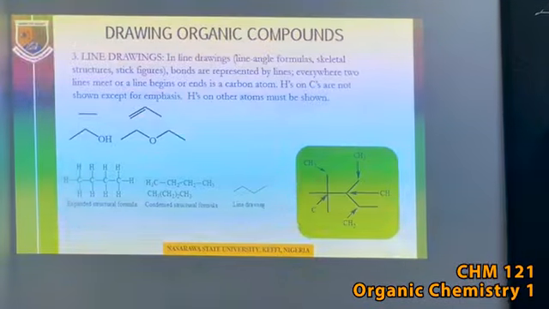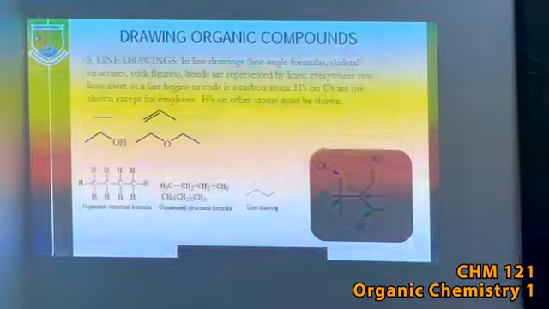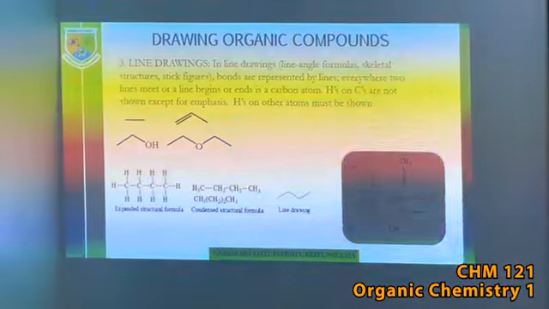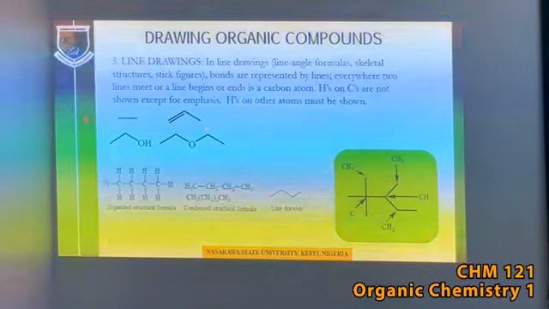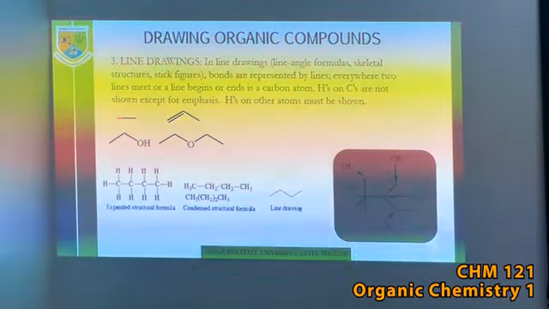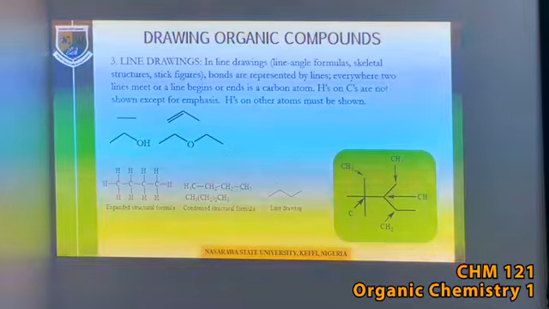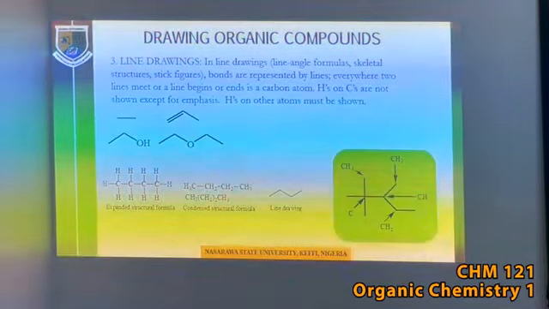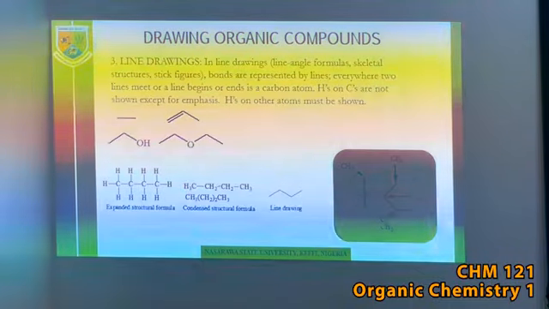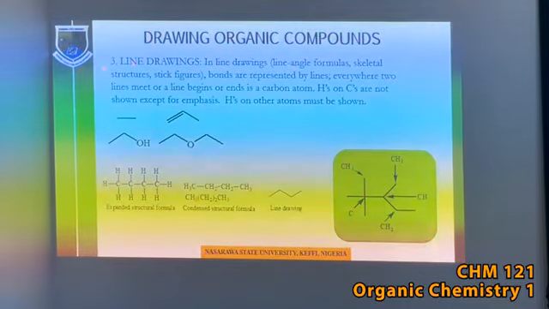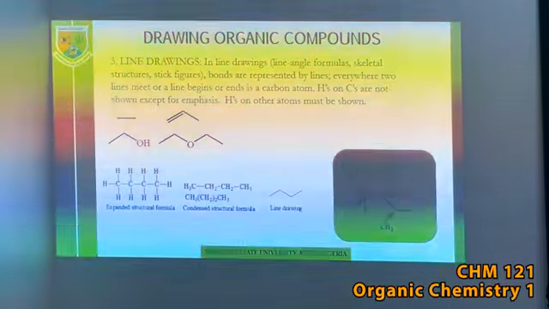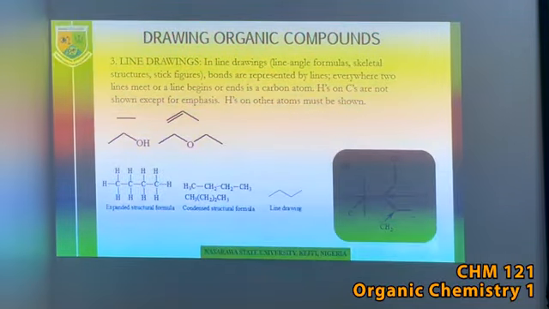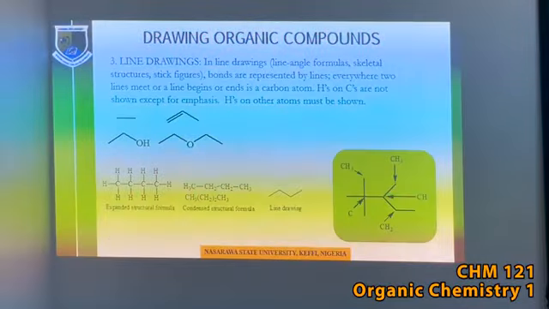As long as we agree that when we put a line like this, what is at the end is a C. So here, for example, we put that straight line. This will be a C joining another C. And each of those C's will have 4 bonds around them. We agree that if we don't show anything else, this thing here will have to carry 3 hydrogens. So we agree on that.